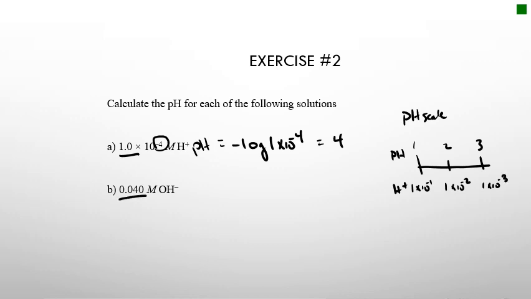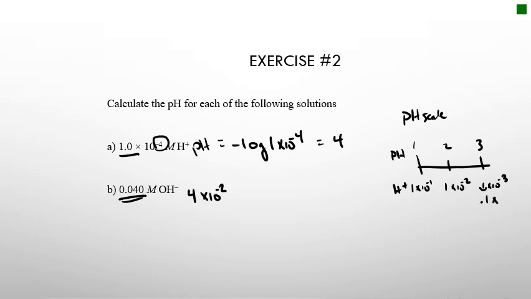So when I look at this number, 0.040, if I were to write that into scientific notation, I would have 4 times 10 to the minus 2. Now, if I were to try to get all of these numbers to have the same exact exponent, since this is a minus 3, if I want to make that a minus 2, I would need to shift my decimal point 1 spot to the left.